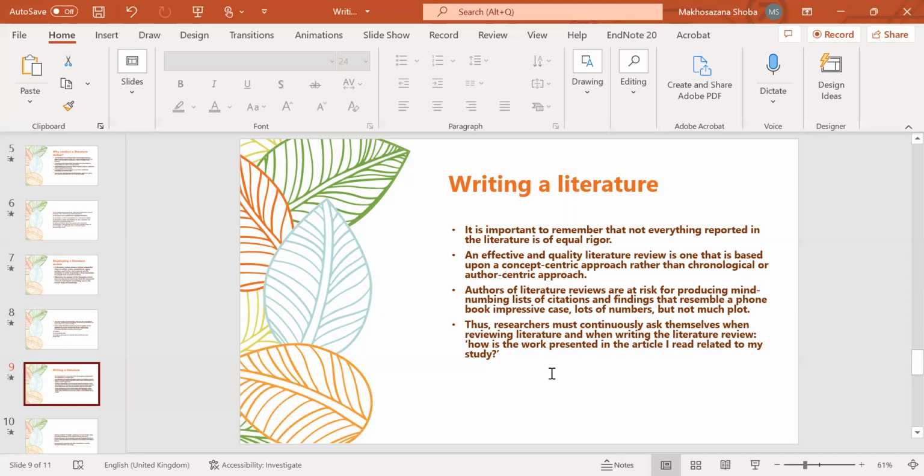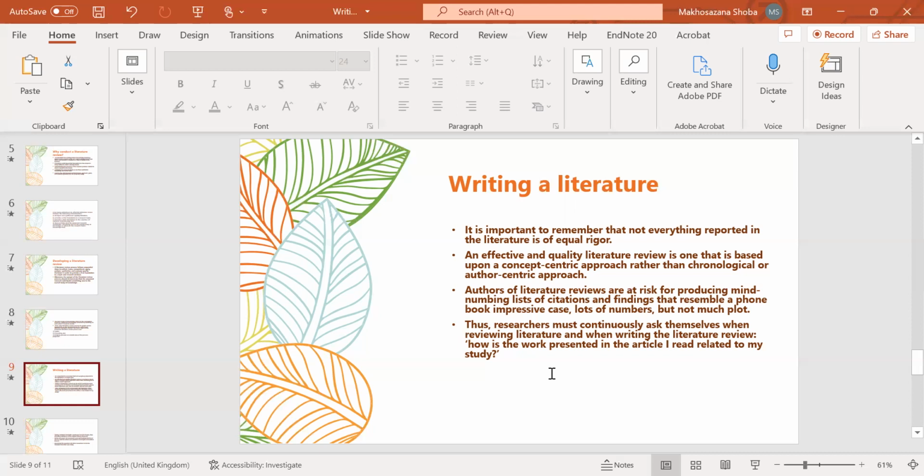Sometimes you find a student doing research on the teaching of history. But then when you look at the reference list or citations, you find that some of the citations are articles on business management, which have got nothing to do with history teaching. So you need to constantly ask yourself, how is the work presented in the article related to my work?